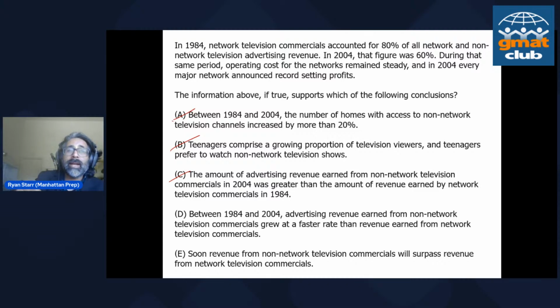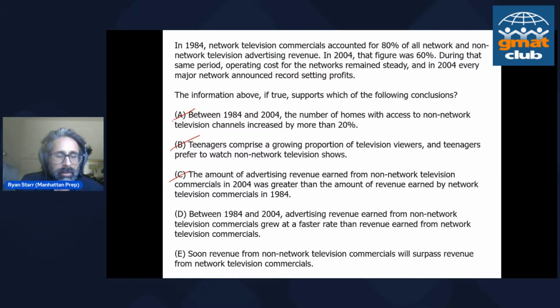Now, we know that even in reducing their share to 60%, their profits went up, right? So it's clear that the absolute amount of money involved in all of this is going up over time, by more than, I guess, a third or thereabouts, to get money from 60% share that exceeds the money you were getting from 80% share.